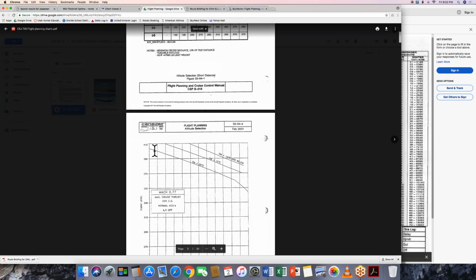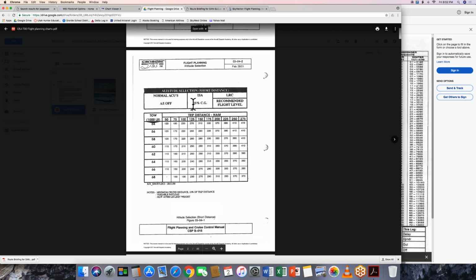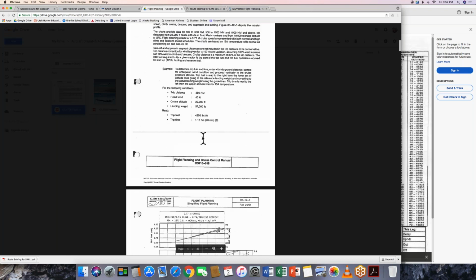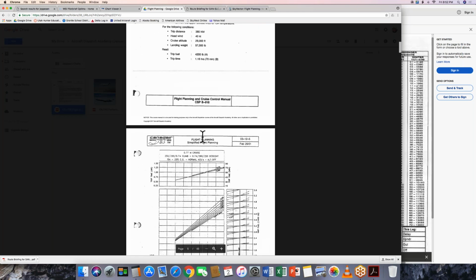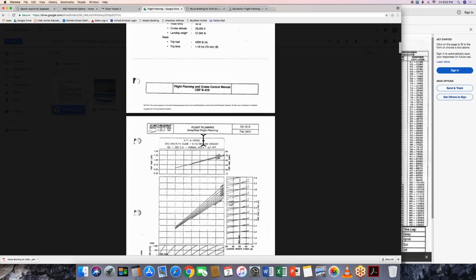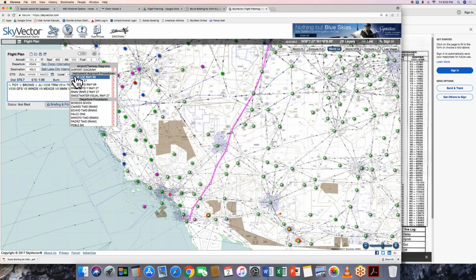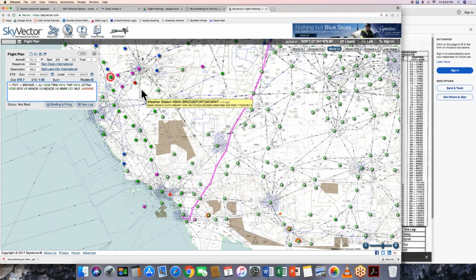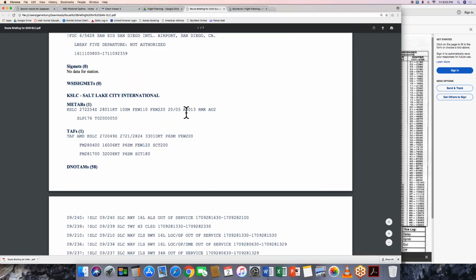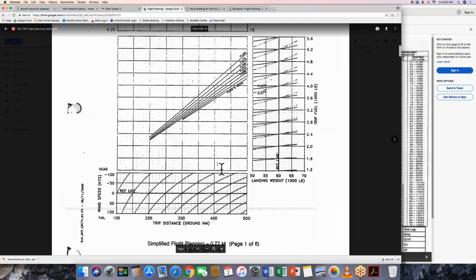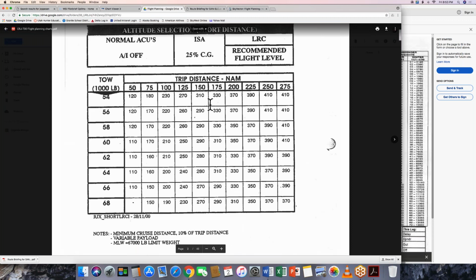So we're going to figure out what altitude we are capable of doing, and then figure out what our simplified burn is for that altitude and for the weight of the aircraft. To do that, we're first going to look at our distance here. Our distance is 571 nautical miles. So that being said, we're going to find what altitude we want to fly at.